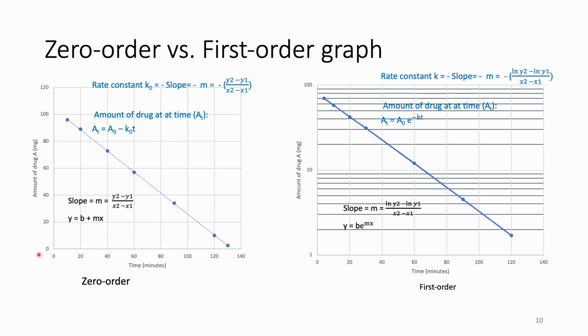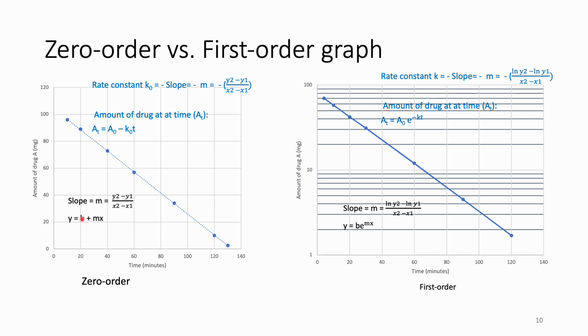For this example, the y bar is the amount of drug in the plasma. The x bar is the time. So to predict the amount of drug at any time, y represented here is the AT, which means the amount of drug A at a certain time t.